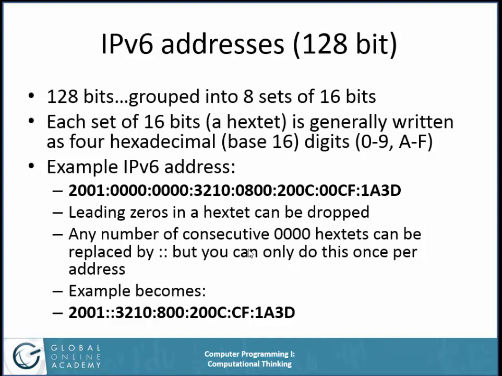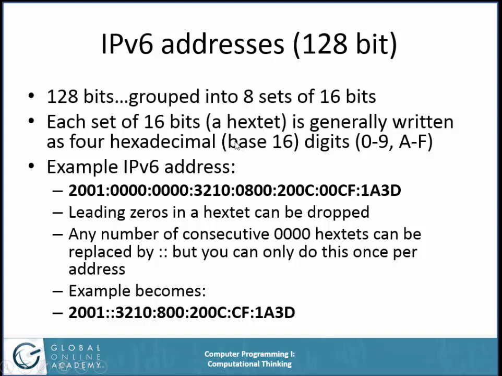Now, since we're running out of 32-bit numbers to use, there's IP version 6. I don't have any idea what happened to version 5, but IP version 6 addresses are 128 bits long. These 128 bits are grouped into 8 sets of 16 bits each. Each set of 16 bits, which you can call a hextet, is generally written as base 16 digits, hexadecimal digits.